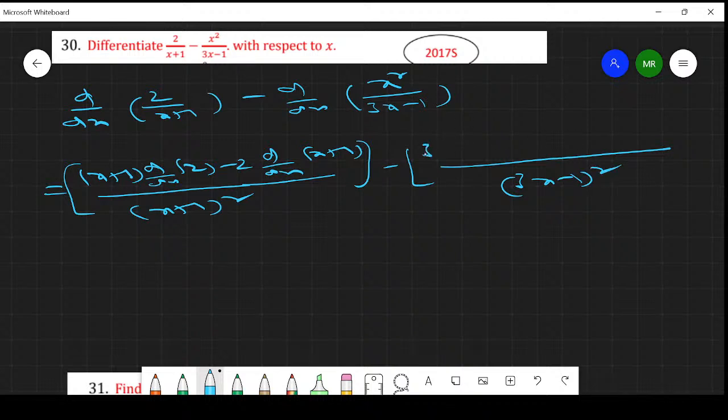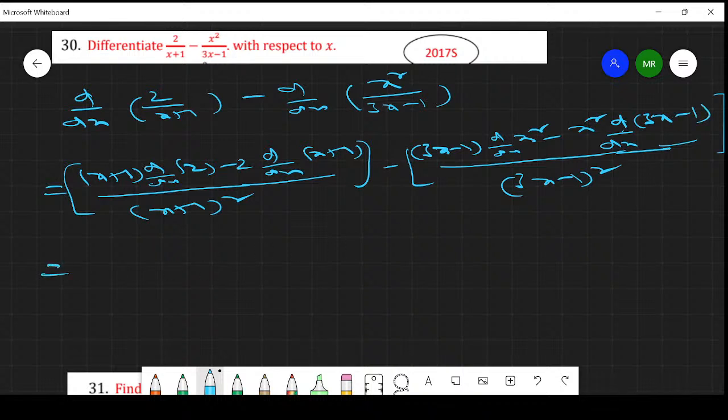Again 3x minus 1 into the derivative of x square, d by dx of x square, minus x square into d by dx of 3x minus 1, the derivative of 3x minus 1.